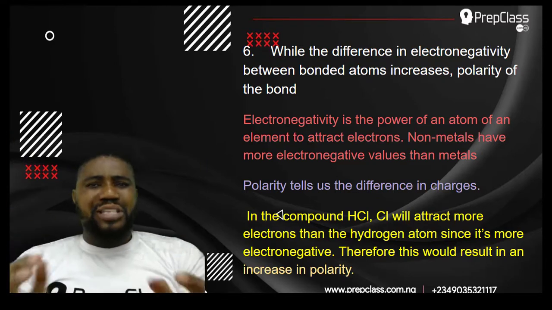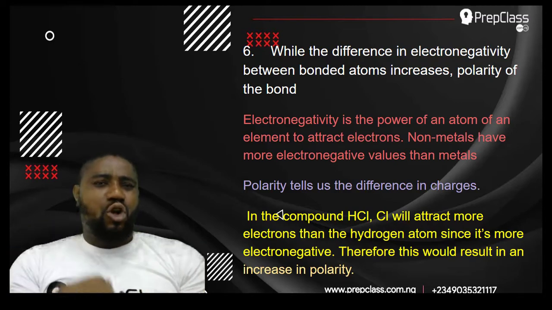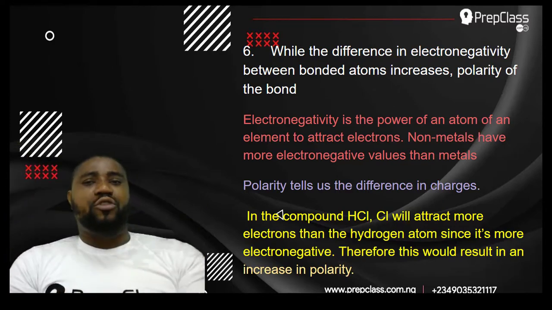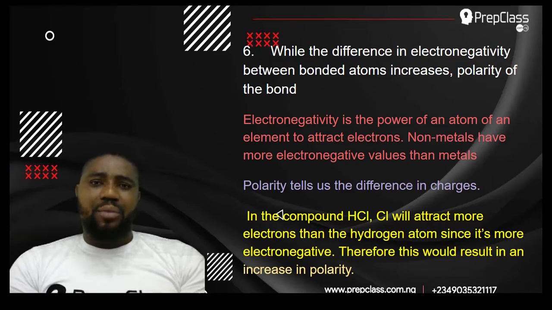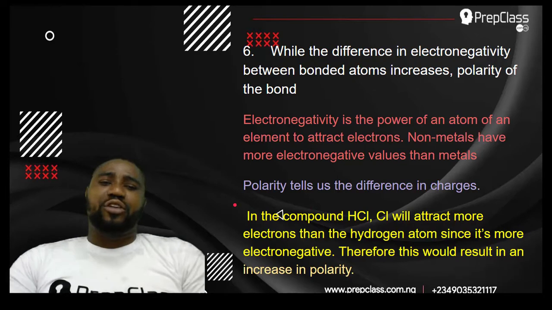So there is a large span of electronegativity. Sodium has low electronegative value. There will be a large increase in polarity. Why? Because sodium will be highly electropositive in that sense, while oxygen will be highly negative.